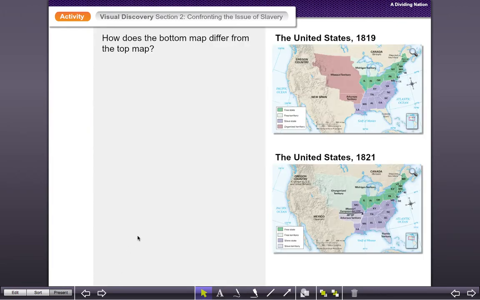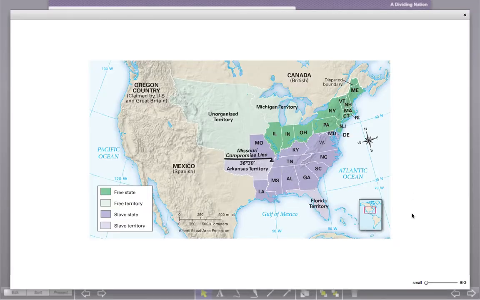So now let's take a look at the bottom map. And the question says, how does the bottom map differ from the top map? All right, well, we looked at the top map, United States 1819. Here's 2 years later. Let's take a look. All right, so now we have free states are green, free territory in white, slave state, slave territory.